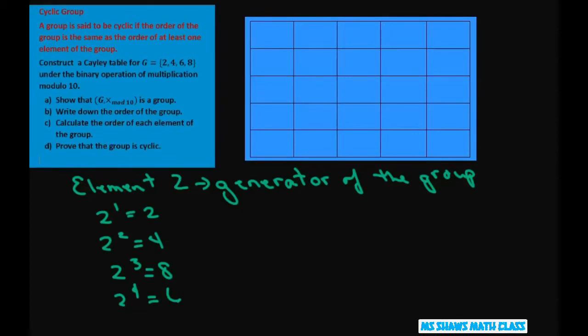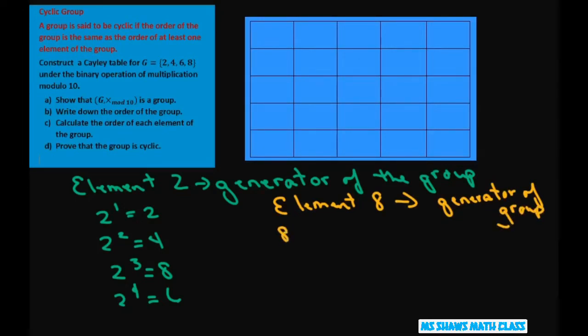Also, the element 8 is the generator of the group, because 8 to the first power, 8 to the second, 8 cubed, and 8 to the fourth generate all the elements of the group.